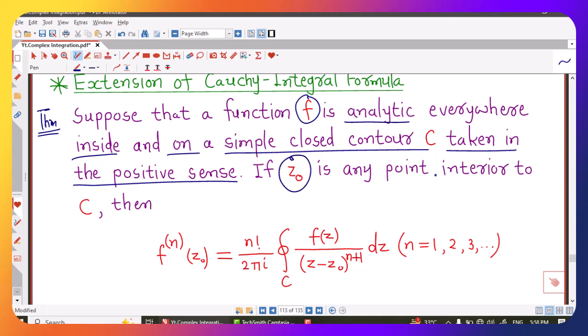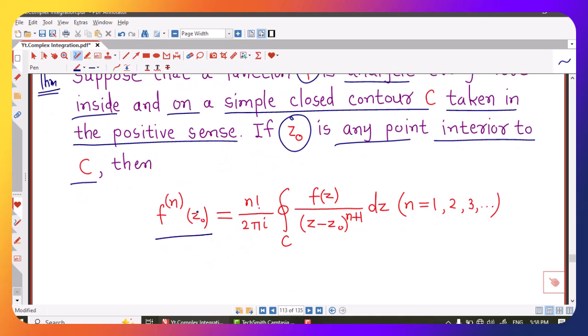If z0 is any point inside C, or interior to the simple closed contour C, then the nth derivative at point z0 of function f is equal to n factorial divided by 2 pi i times the integral of f of z divided by z minus z0 to the power n plus 1. n takes the values 1, 2, 3 and so on. We can write n starting with 0 also.